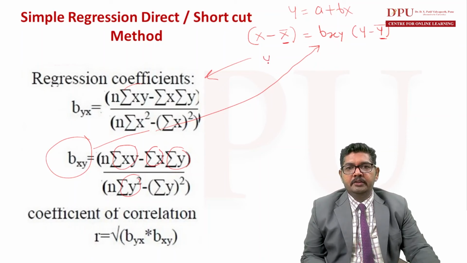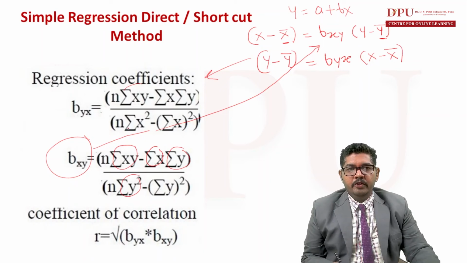We are more interested in the y on x equation because y is the dependent variable and x is the independent variable. So the y on x equation is given by y minus y bar is equal to byx, where byx is the regression coefficient of y on x, times x minus x bar, right?